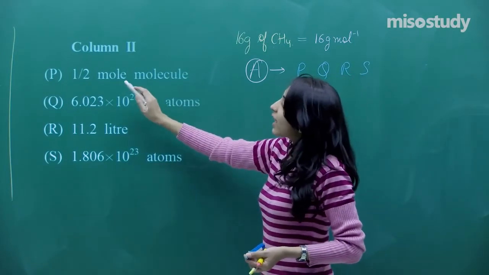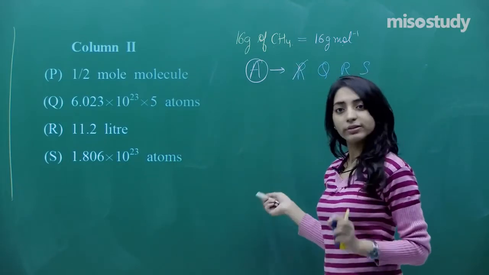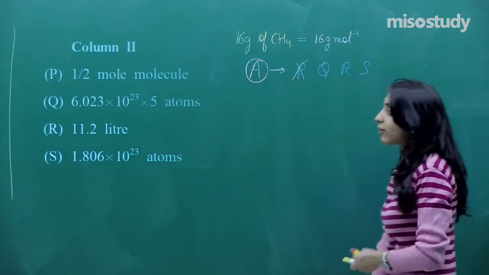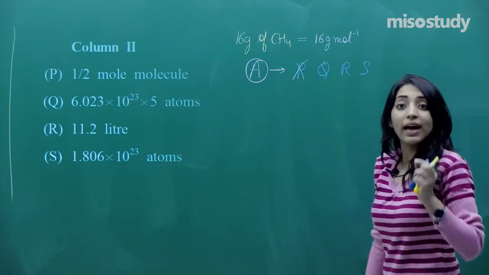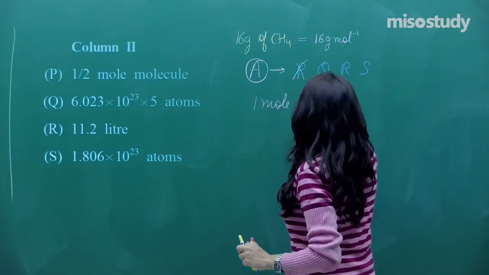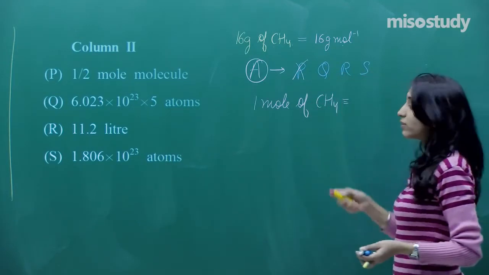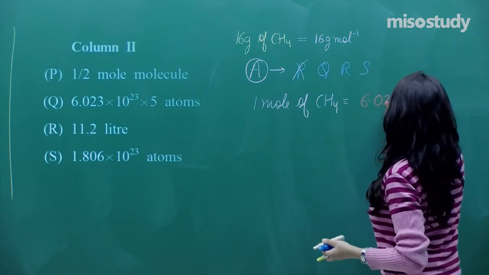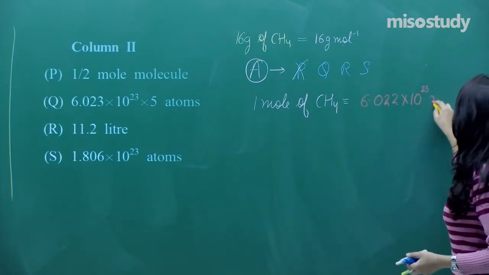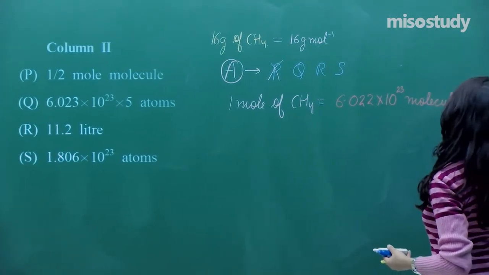So P says that half mole molecules are there. No, we have 1 mole of molecules, right? Q says that there are 6.022 into 10 raised to the power 23 into 5 atoms. That is correct, no? 1 mole of CH4 has how many molecules? It has 6.022 into 10 raised to the power 23 molecules of CH4.